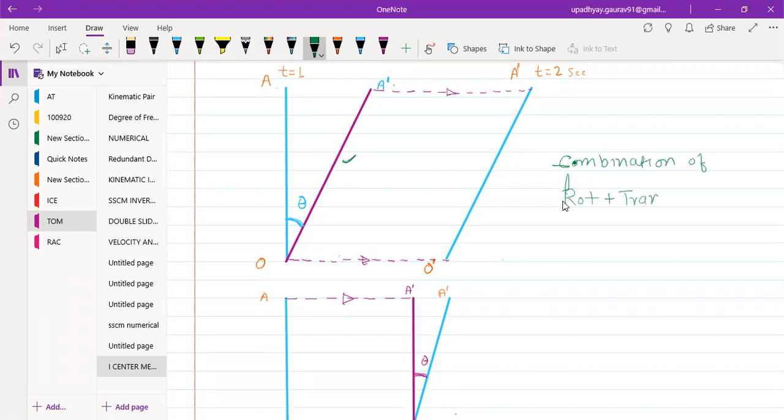Yes or not? And the combination of rotation and translation is termed as the link having general motion. Neither is it pure rotation nor pure translation. So we are not able to apply the formula for pure rotation or pure translation directly to the given mechanism. Yes or not?